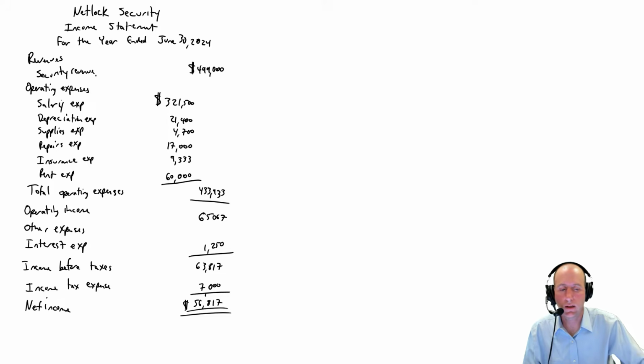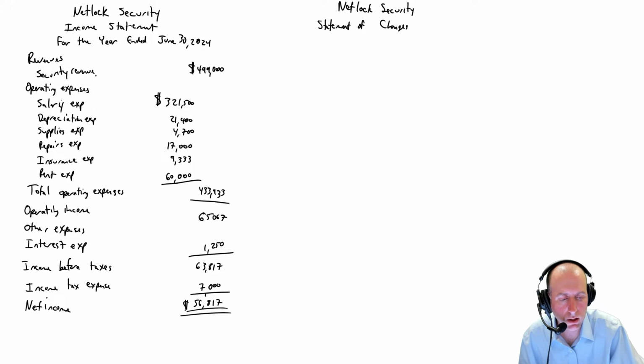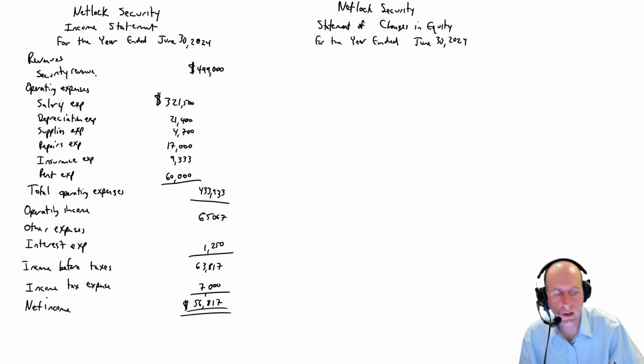So let's do it. Name of our company, Netlock Security. We're doing a statement of changes in equity. And this gets dated just like the income statement, for the year ended June 30, 2024.